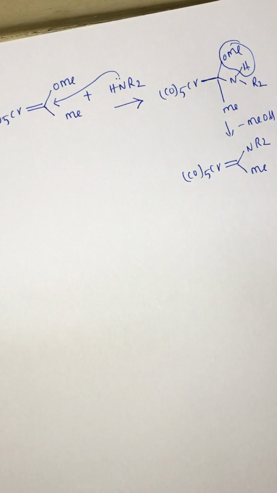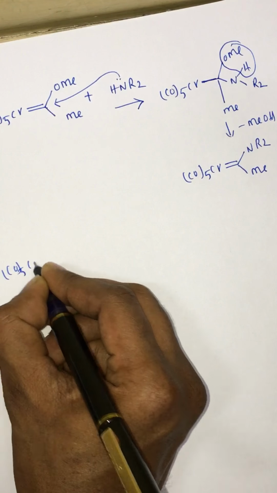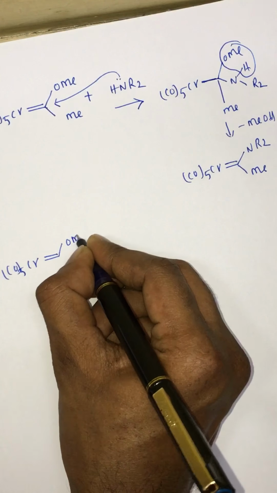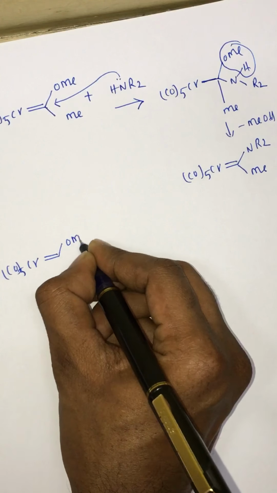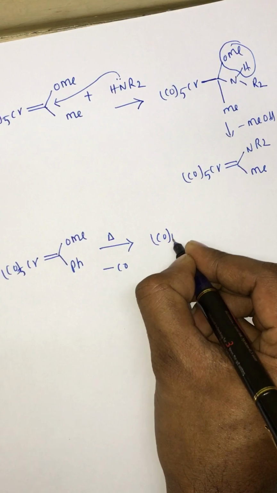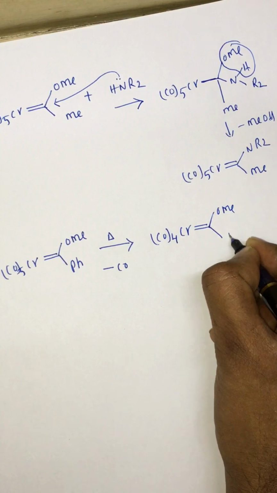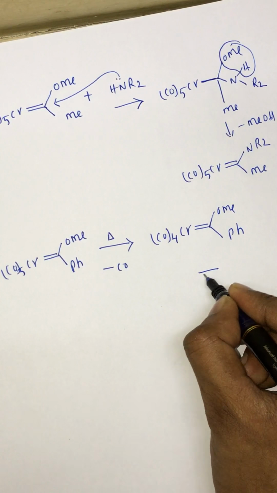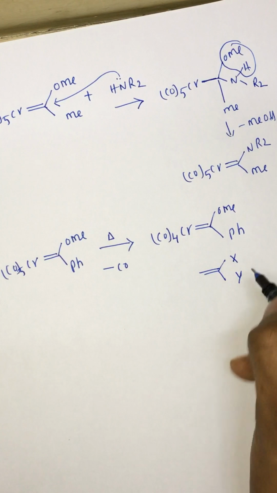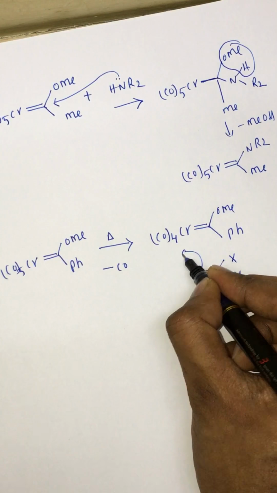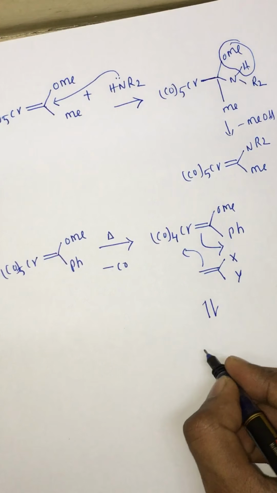So here the nucleophile is going and attacking this electrophilic carbon. And then we have cyclopropanation also, that looks like this, CO5Cr OMe Ph. We just heat it at some temperature, so that leads to removal of one carbonyl group. It will become CO4Cr double bond OMe and Ph. Now we treat this with a dienophile, so that a 2+2 cycloaddition will take place.